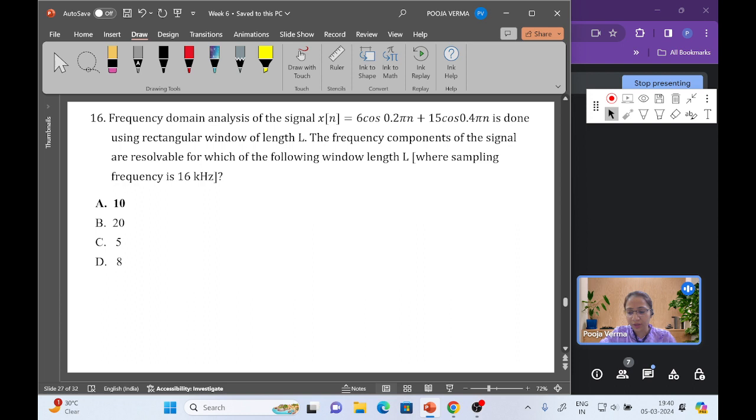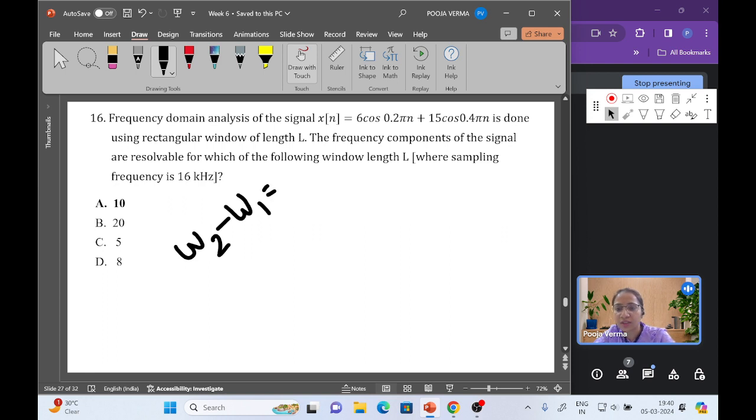You have already seen in the slide on long signal DFT analysis, where the signal has two frequency components, how we find the window length. The difference omega 2 minus omega 1 must be equal to 2 pi by L, right?